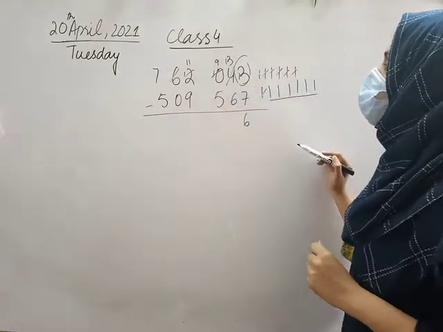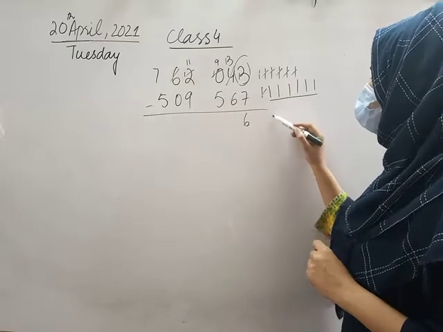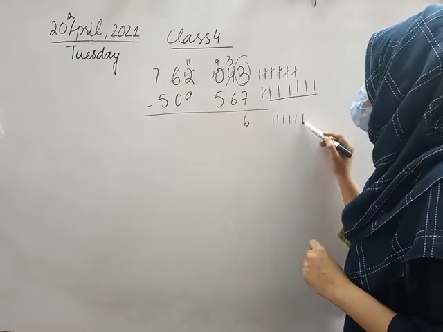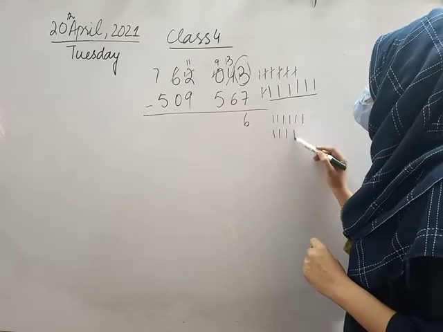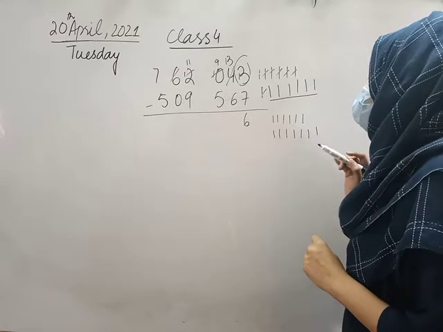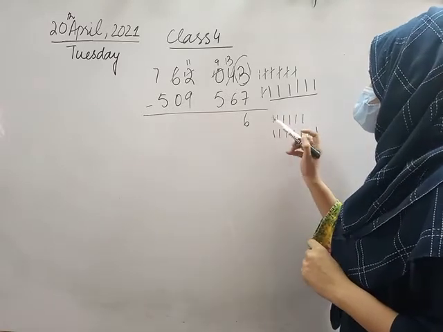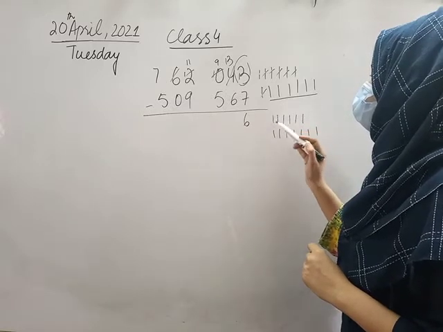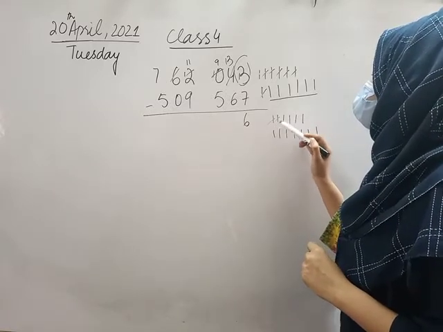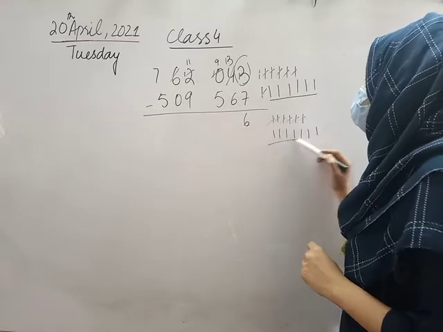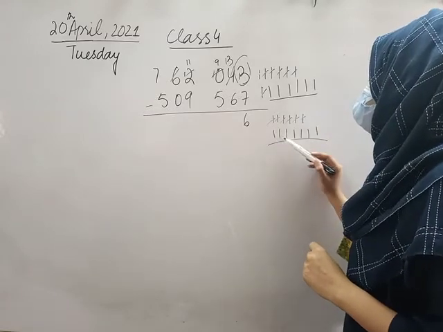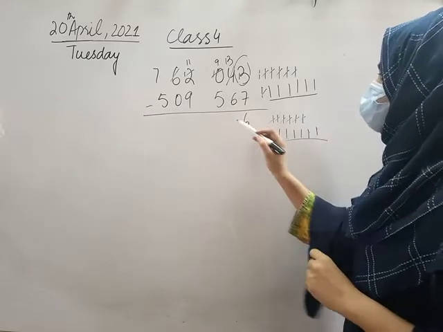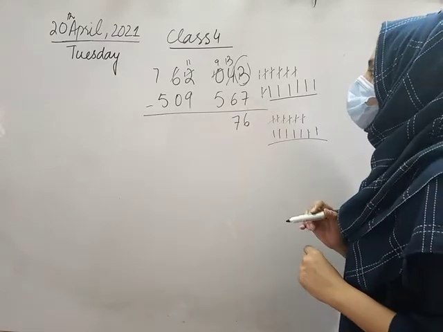Fine. Now 13 minus 6. 1, 2, 3, 4, 5, 6, 7, 8, 9, 10, 11, 12, 13. 13 में से मैंने 6 को subtract किया, 1, 2, 3, 4, 5, 6. How many are left? 1, 2, 3, 4, 5, 6, 7. 7. Fine.